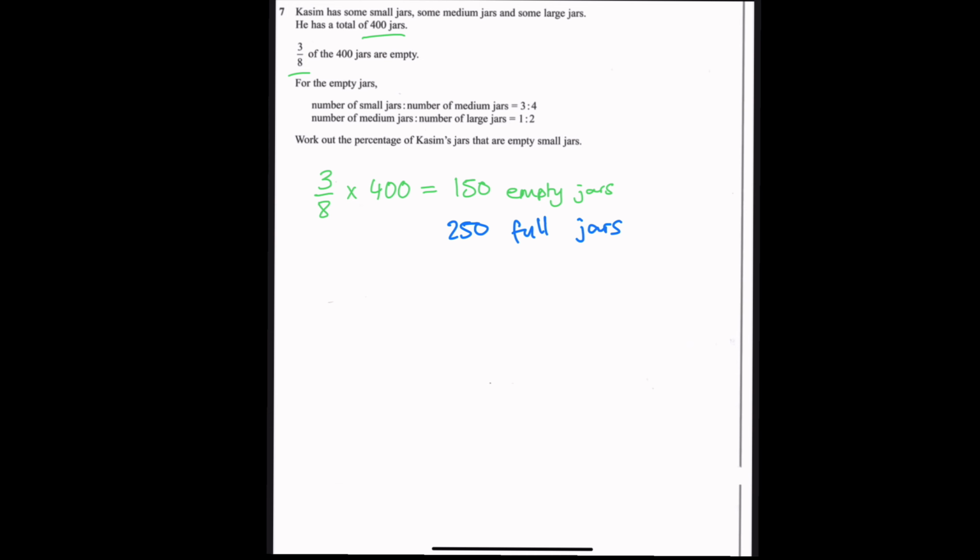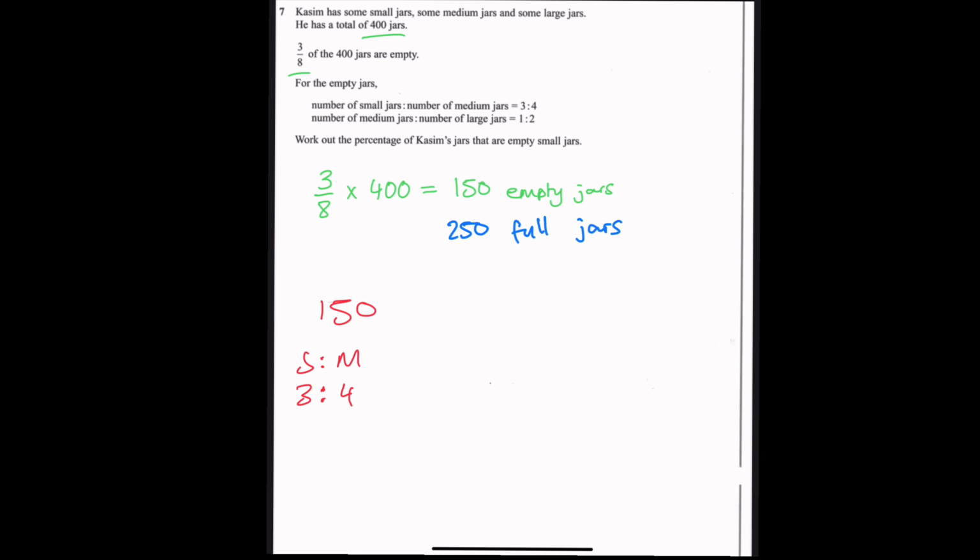Cool. For the empty jars, the number of small jars to medium jars is 3 to 4. So that is 150. I'll write that in here. 150. S to M is 3 to 4.